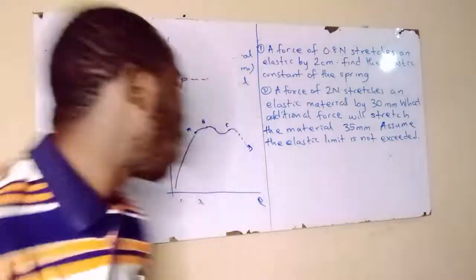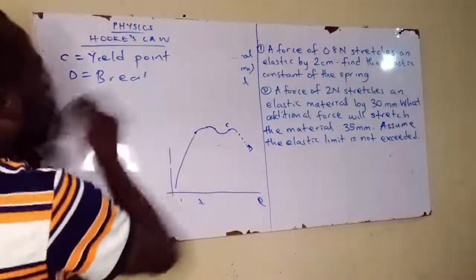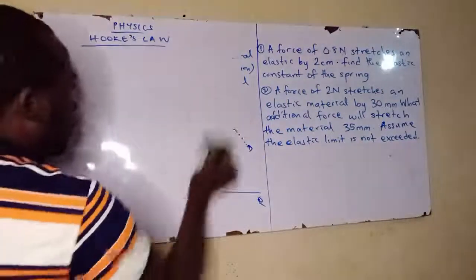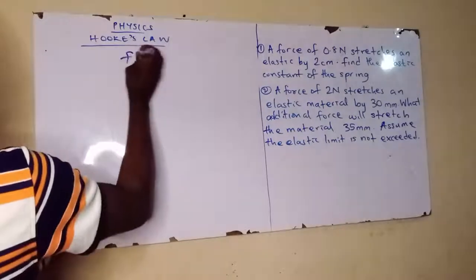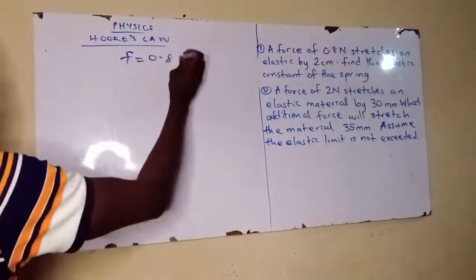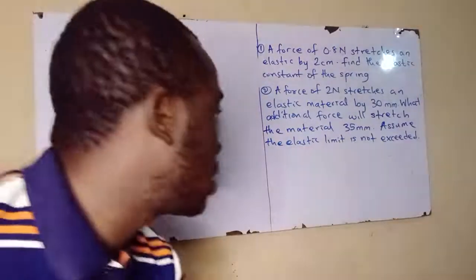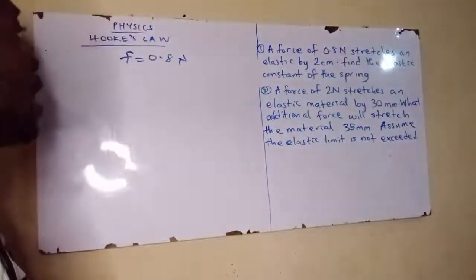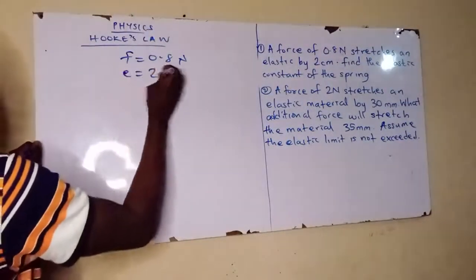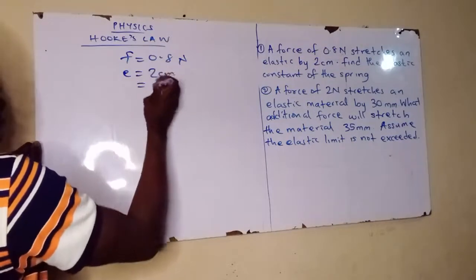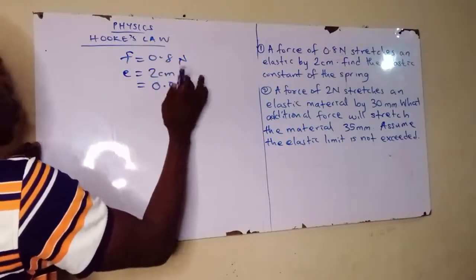Let's see whether we can solve one or two examples on Hooke's law. Now, let's look at this question. A force of 0.8 Newton stretches an elastic spring by 2 centimeters. So that means the extension is 2 centimeters. We can convert this to meters, and that will be 0.02 meter.